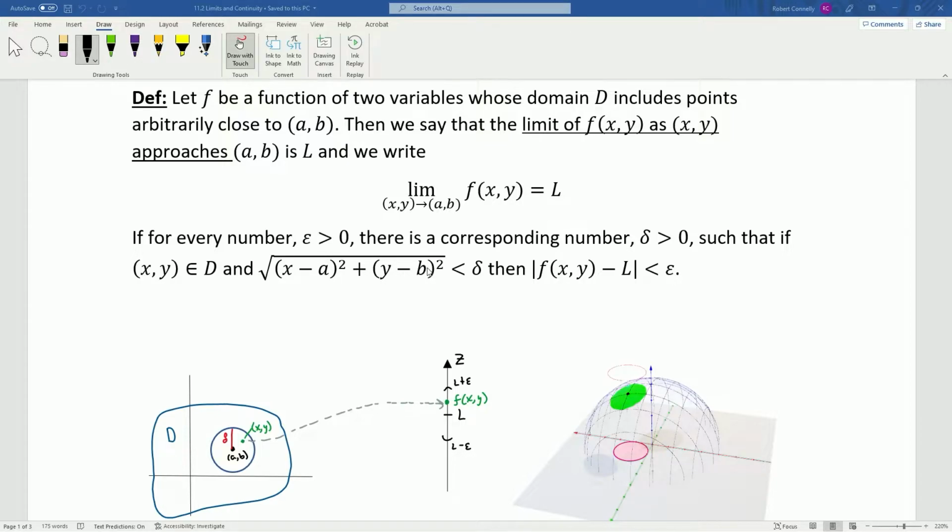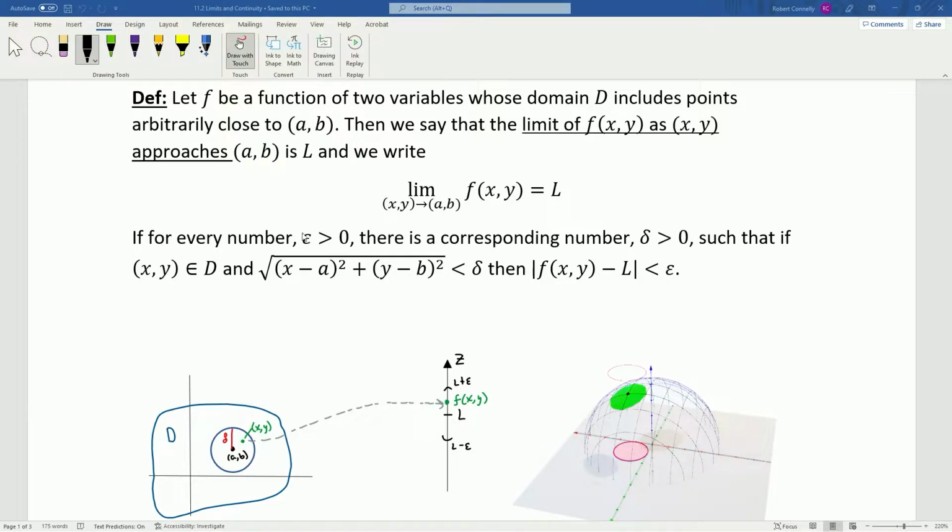This is our distance formula between the point (x, y) and (a, b). And this magnitude here is the distance between our real numbers, f(x, y) and L. So all we're saying here is when the distance of the point (x, y) is close enough, that number being delta, to (a, b), then we can guarantee that our distance between f and L is less than some number epsilon.